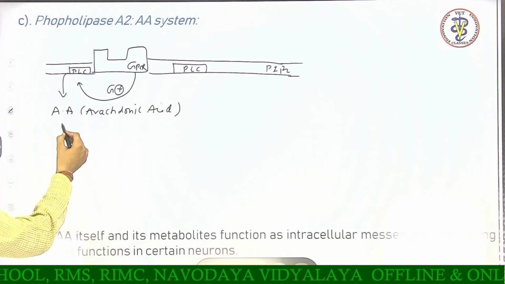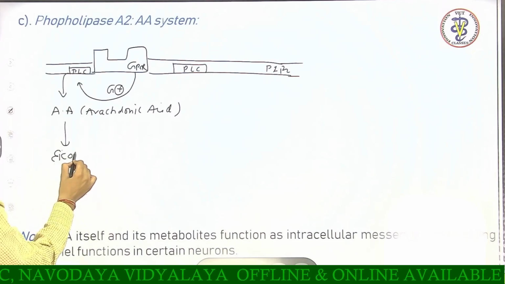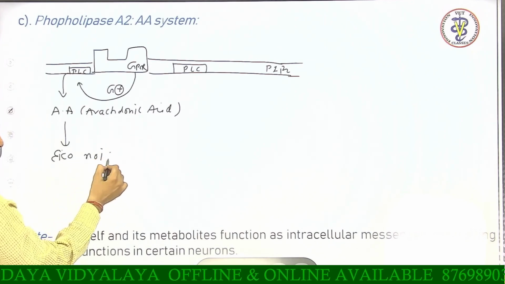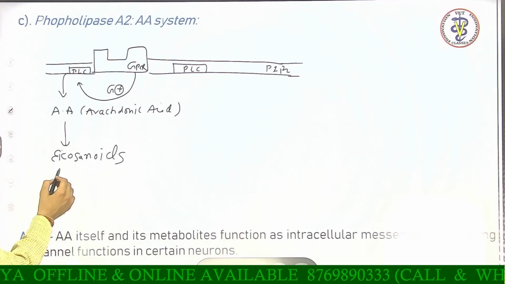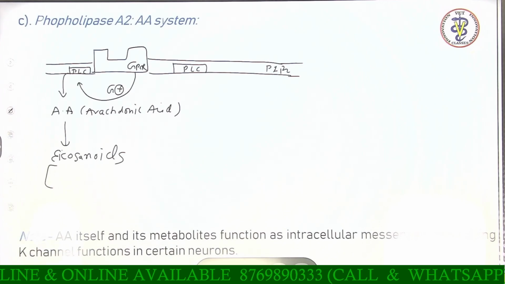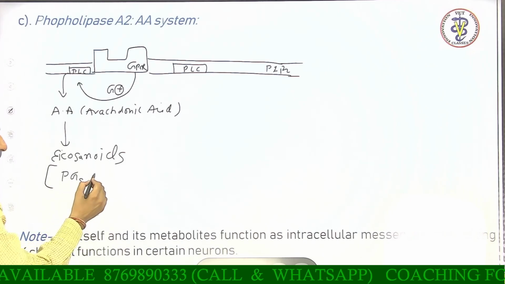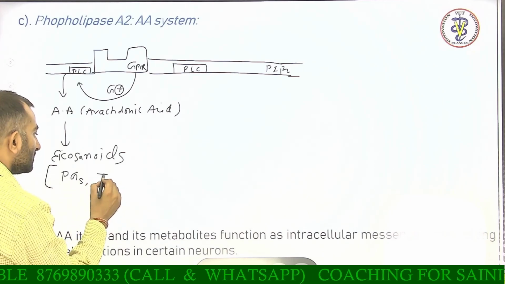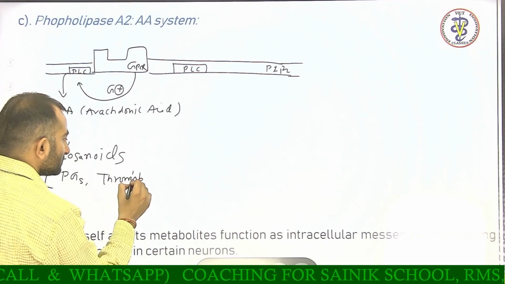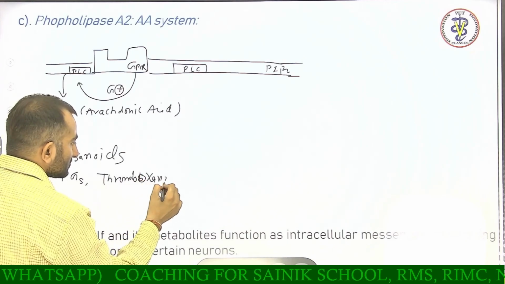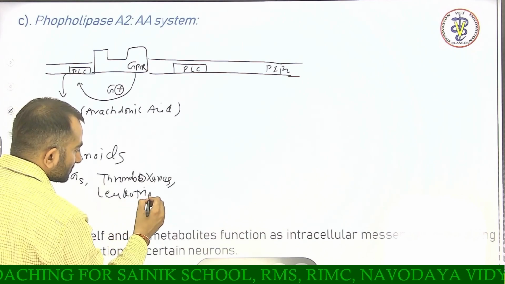So after the formation of AA, it can again be converted to eicosanoids. Eicosanoids basically involve three major groups. You all know, like PGs, prostaglandins, and thromboxane, and also leukotrienes.